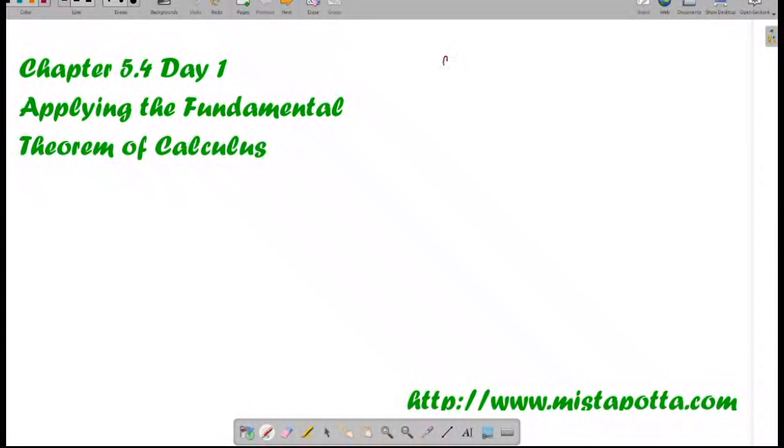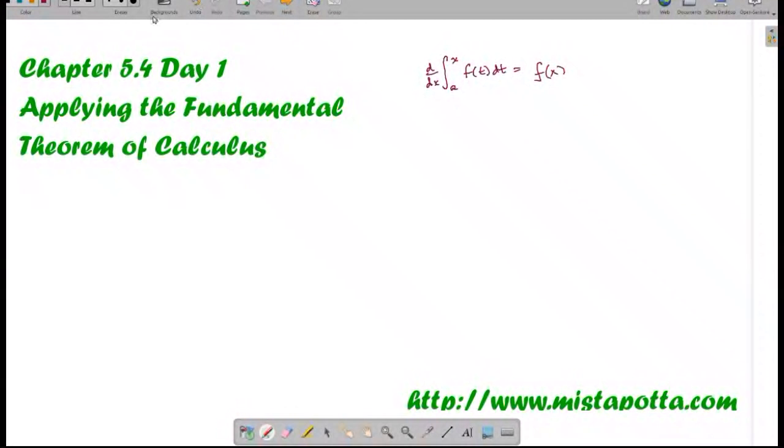The idea that if I had an integral evaluated from a to x of some function f of t, which I'm integrating with respect to t, and then I promptly take the derivative of that function, I end up with just my interior function evaluated at x. We talked a little bit about the gist of this.